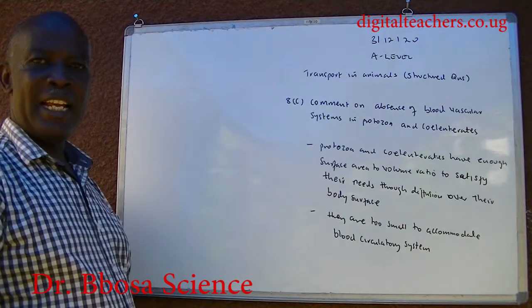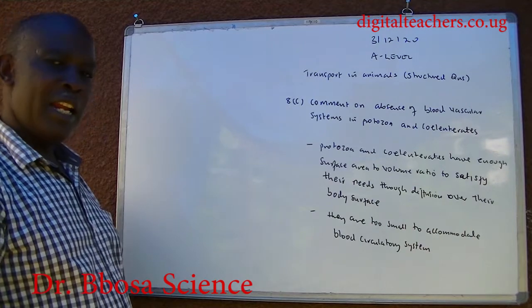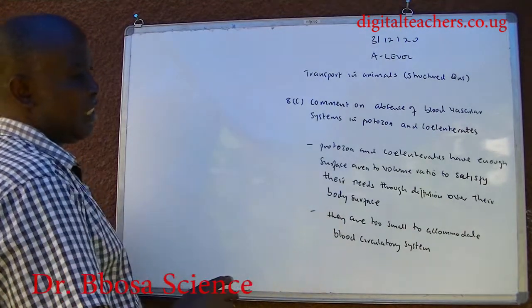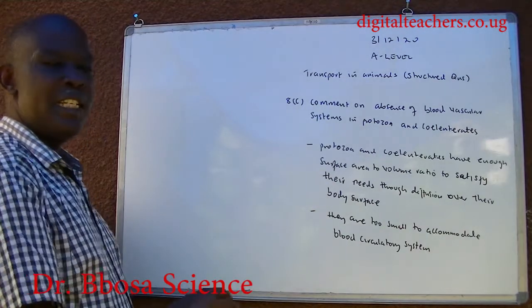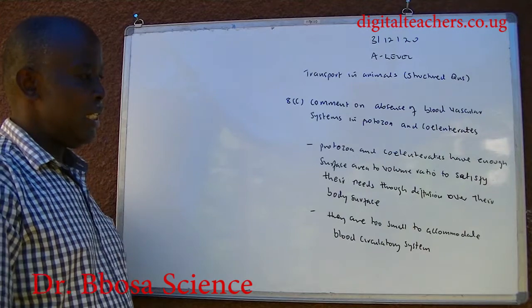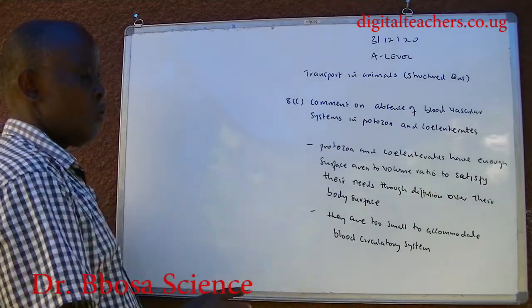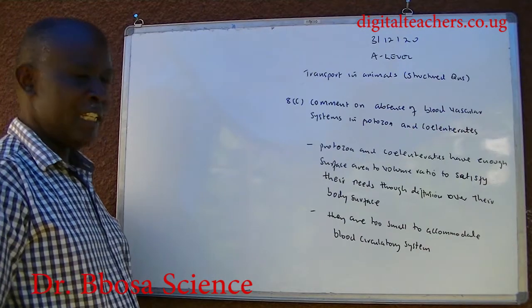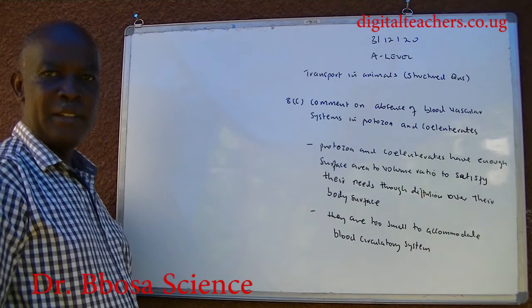Protozoa and coelenterates have enough surface area to volume ratio to satisfy their needs through diffusion over their body surface. 2. They are too small to accommodate a circulatory system.